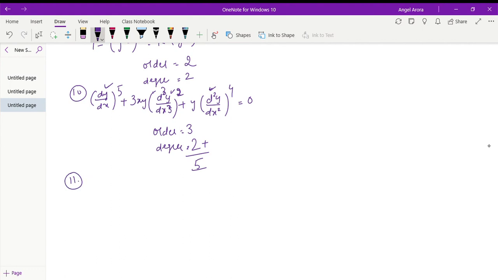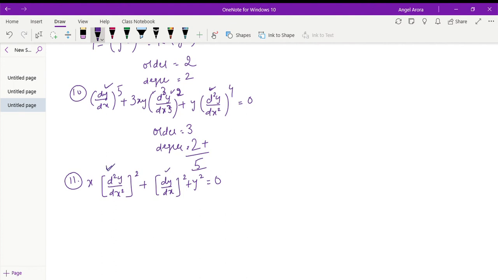Last question, 11th question. X d square y upon dx square raised to 2 plus dy upon dx squared plus y squared is equal to 0. So this term is in polynomial, this is also in polynomial form.